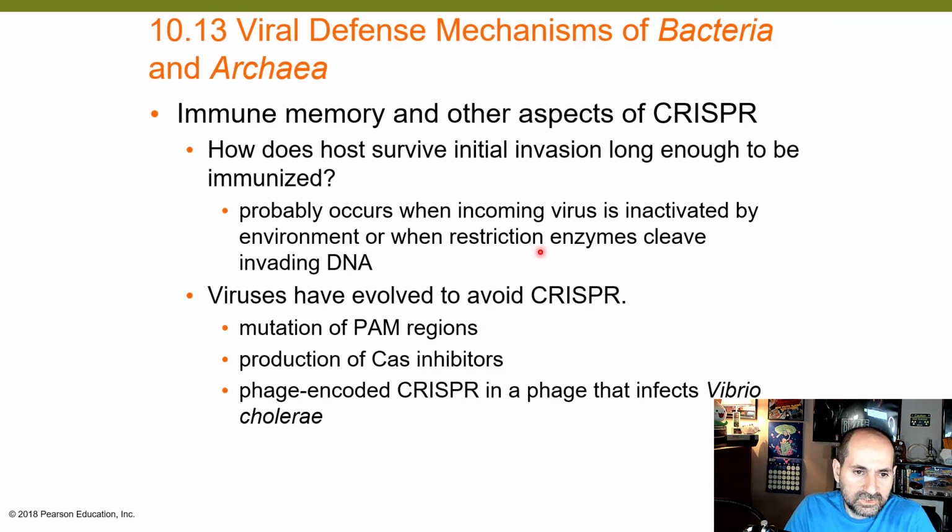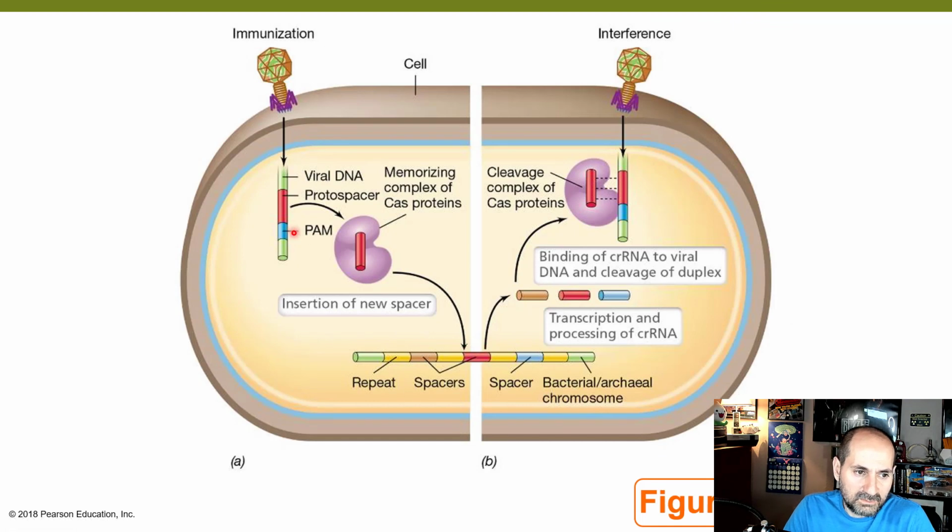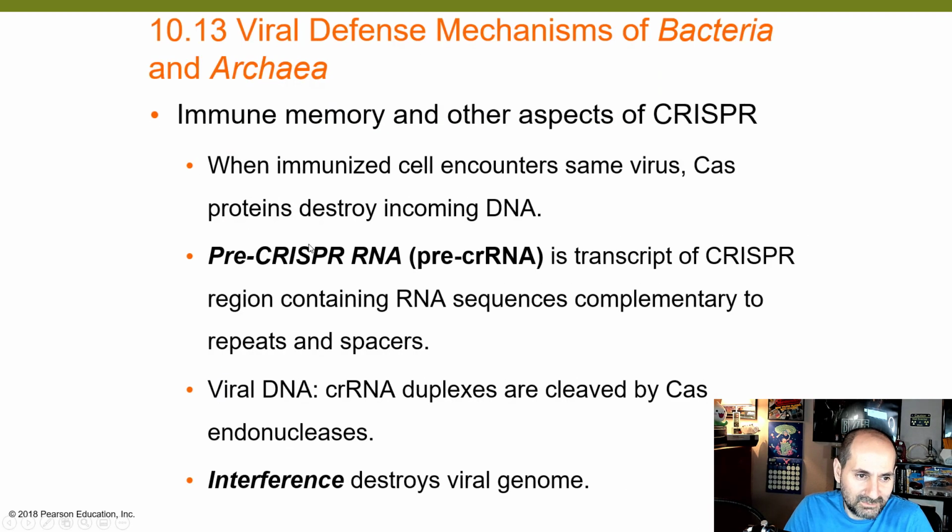Or restriction enzymes may have cleaved other parts of its genome. Viruses have evolved to avoid CRISPR over time. No surprise there. For example, just mutate your PAM region. If the PAM region is triggering immunization, well, just mutate your PAM region. Don't have any PAM regions. That makes sense.